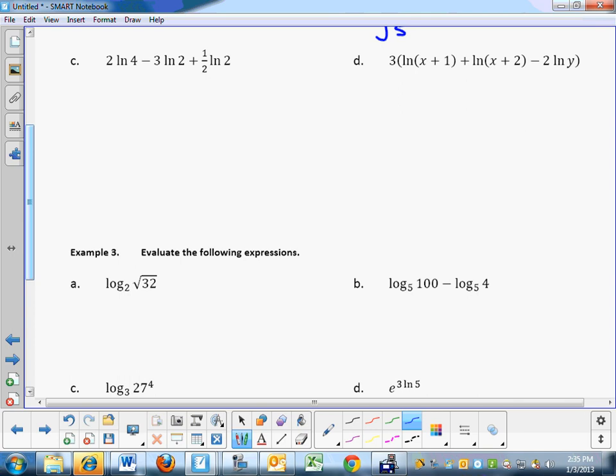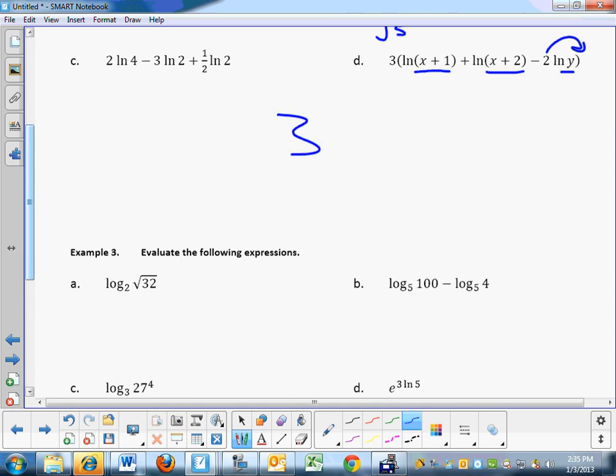3 times natural log of x plus 1 plus natural log of x plus 2 minus 2 natural log of y. What do you want to do first? Good. Inside stuff. We should take that times that and divide it by that, right? Very good.